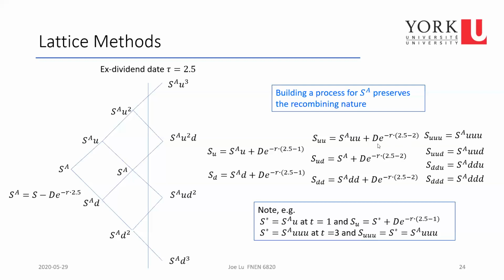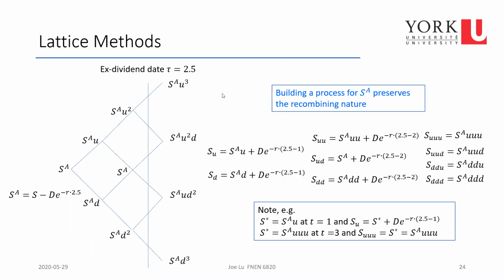So you will have this thing equal to that one plus D, but then you pay the D at this point here already. So after you minus that D, you will have this value, okay?